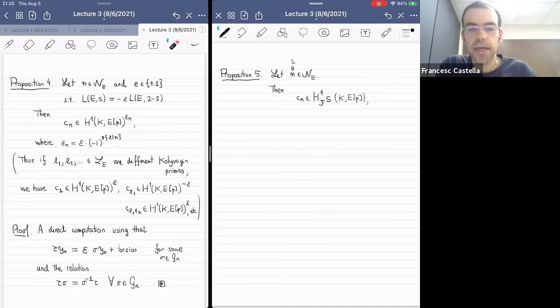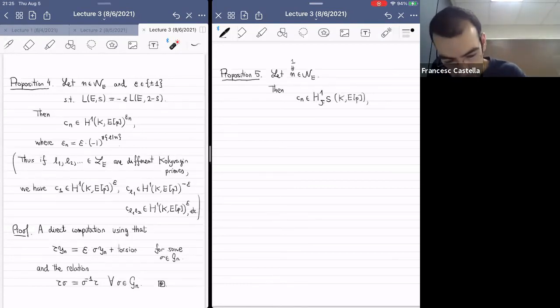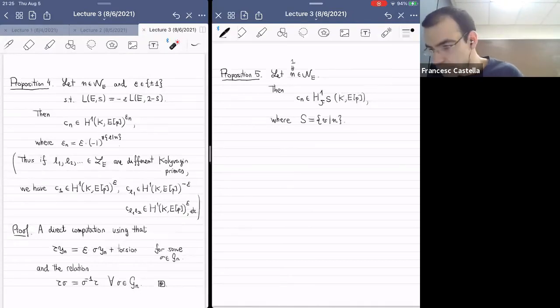And the set of primes S, quite naturally, is going to be, you would probably guess, the set of primes that divide n. Okay, so where S is a set of primes that divide the conductor n. And moreover, and this is the key of this proposition.